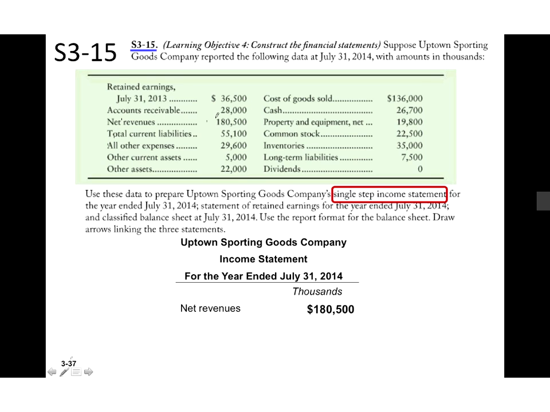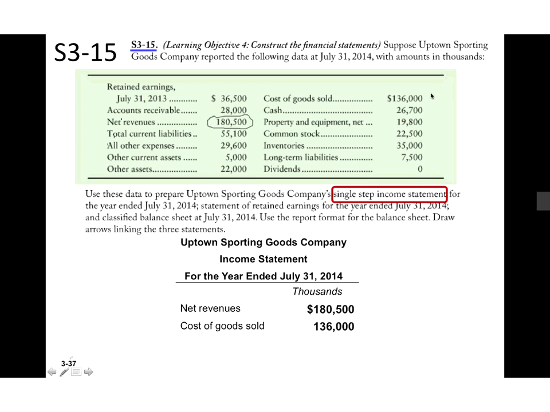Okay, we have revenues of 180. So that's where we're getting the net revenues below. Next, it will ask us for cost of goods sold, which is given up here as 136.